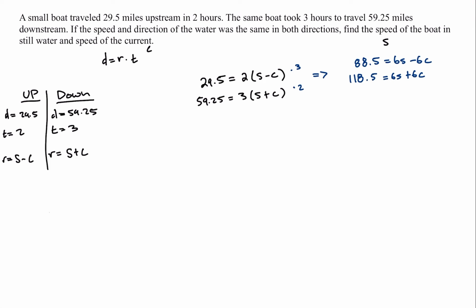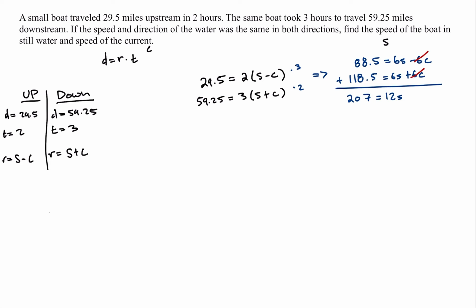Now I notice that the negative 6C on top and the positive 6C on the bottom are going to cancel each other out when I add these together. So I'm going to add these together, and I end up with 88.5 plus 118.5, which is 207, and that equals 12S.